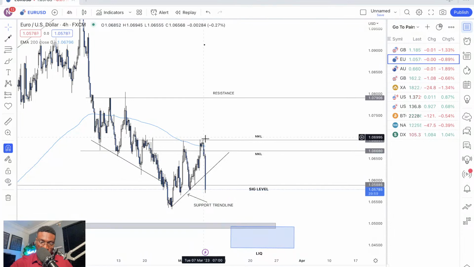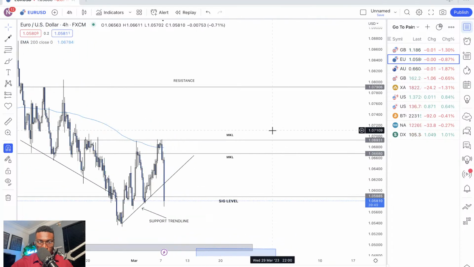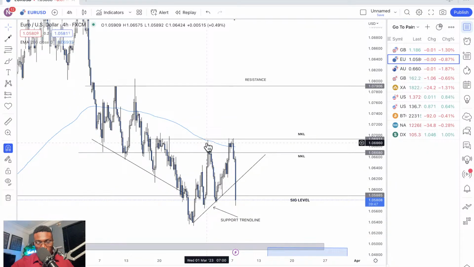We've had this nice retest on the 200 period moving average and the rejection there as well. And this rejection also aligns with the retest here, right? And we've seen that drop from this minor key level. We've broken below this one as well.